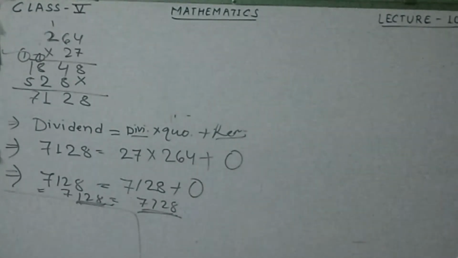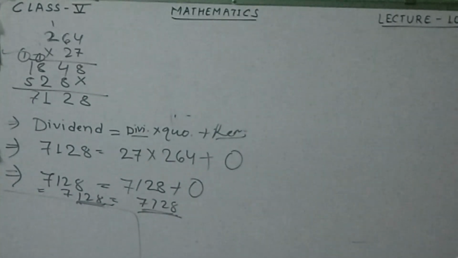And what is the cost price? The price at which items are bought is known as the cost price, and the price at which they are sold is known as the selling price.